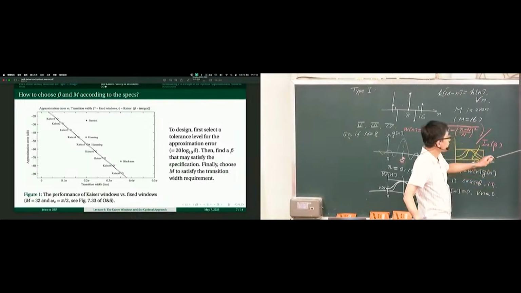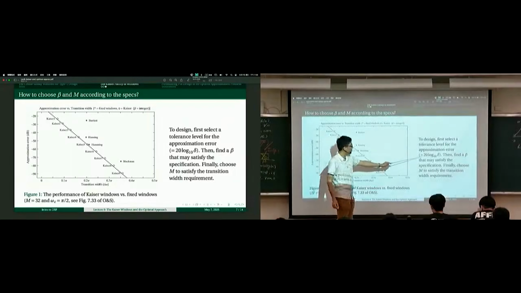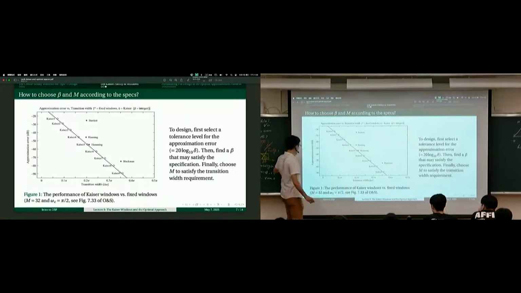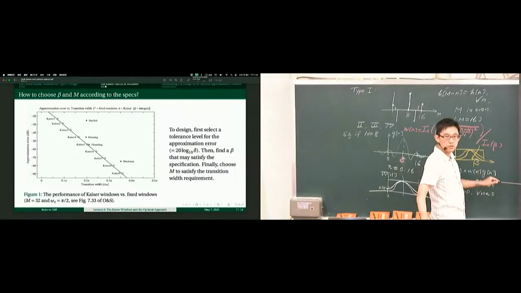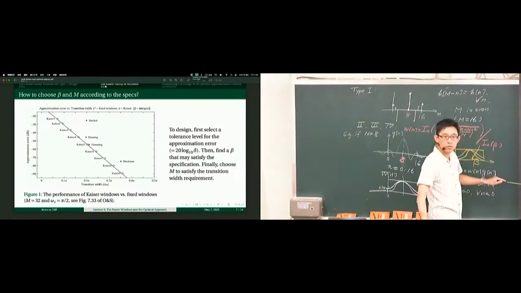Transition width, and on the vertical axis, we have the approximation error, which is defined as 20 log delta. Okay, so we want 20 log delta to be as negative as possible, which means small error, right? Small approximation error. And at the same time, we want the transition width to be as narrow as possible.